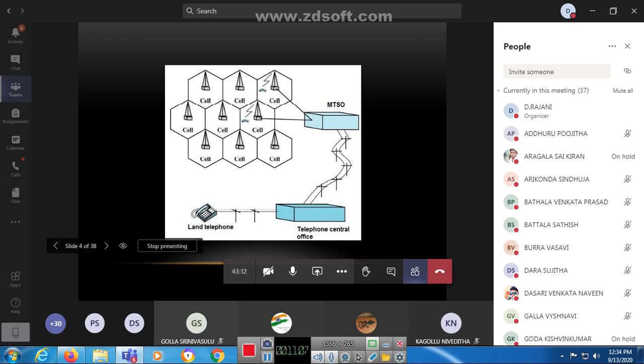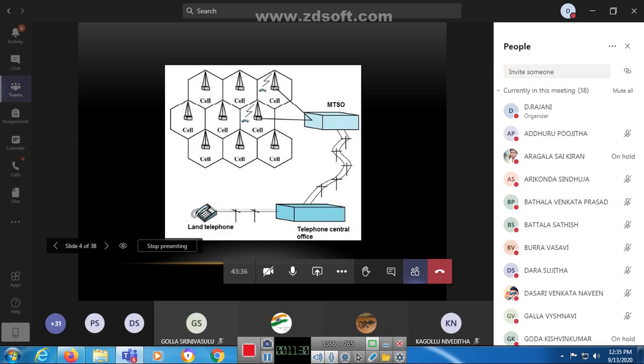So for that, the nearer switching office is in DBS IT college. This nearer switching office has the nearer base stations, which belong to both networks: one is the south side building, another is the north side building. Is that clear to all of you?